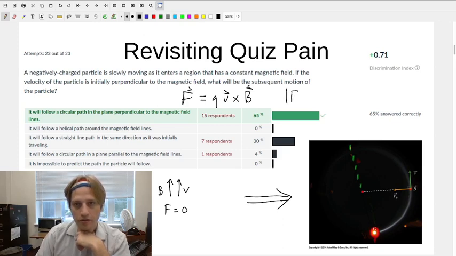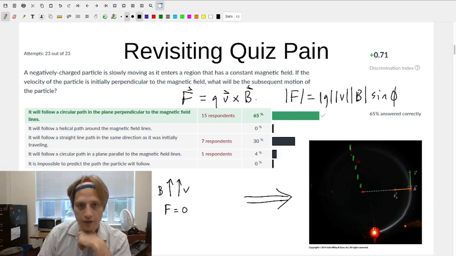The magnitude of that force is going to depend on magnitude of Q, magnitude of V, magnitude of B, times the sine of the angle between the two. So if V and B are parallel, the angle is 0, and that sine of the angle gives you a force of 0.